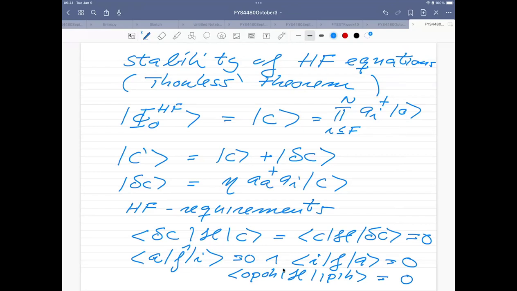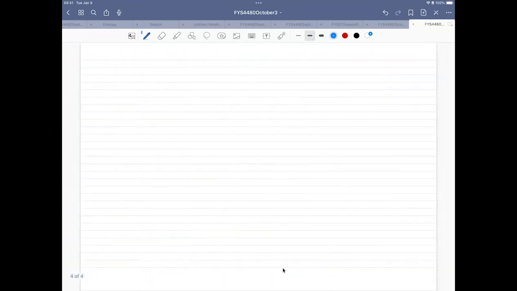Now, what Thouless did then was actually to show that this C can be written as a very general Slater determinant of one particle, one hole excitations. So there's going to be a sum over the one particle, one hole states, which we have.